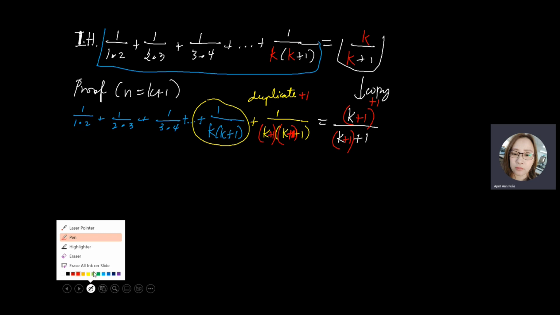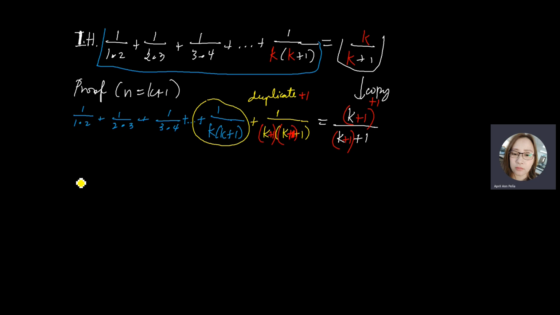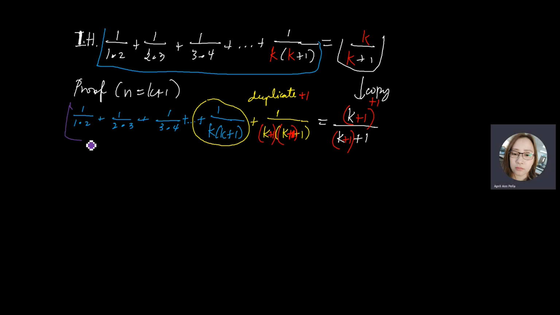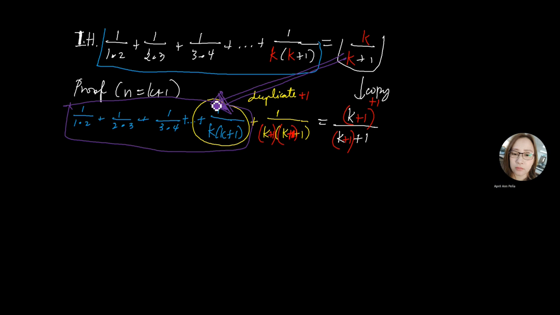So for the left side, as you can see, the first part of your left side is what? This portion is equivalent to the left side of your induction hypothesis because we copied it from the induction hypothesis. Okay? So to make it shorter, we can replace it by the right side of the induction hypothesis.